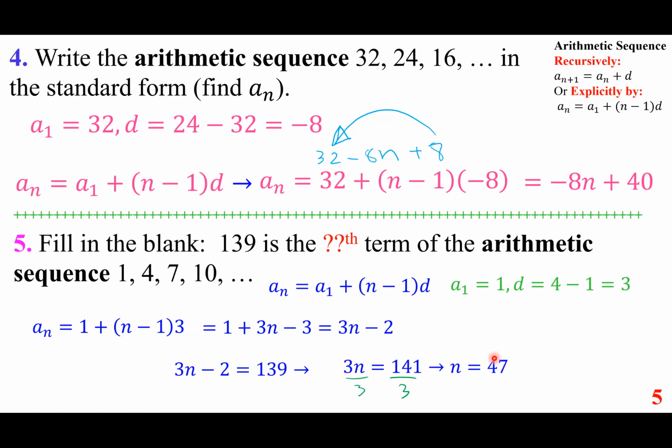You get 47. And if you have any doubts, in this formula or in this formula plug in 47 and it should give you 139.